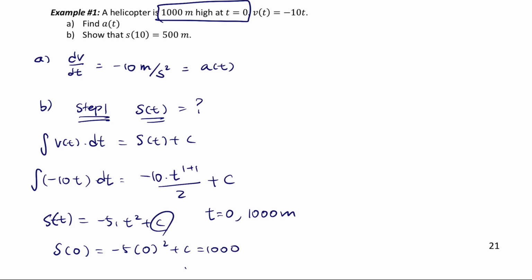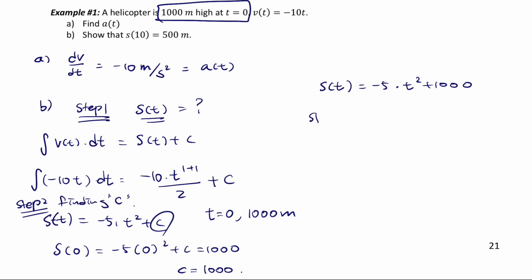That means the c value is 1,000. So the displacement function is minus 5 times t squared plus 1,000. That was step 2, finding the c value.